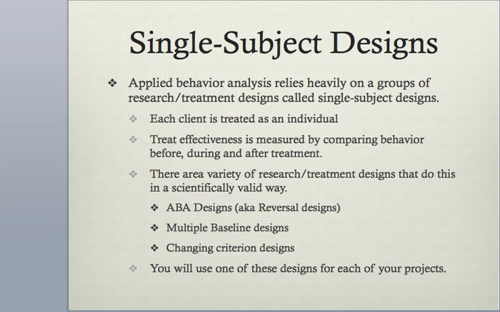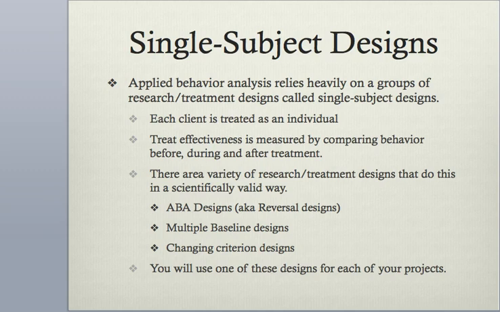And so we rely on data collected from a single subject, from a single client. And so as a result, to get a really good picture of what's operating, we need to gather lots of data.